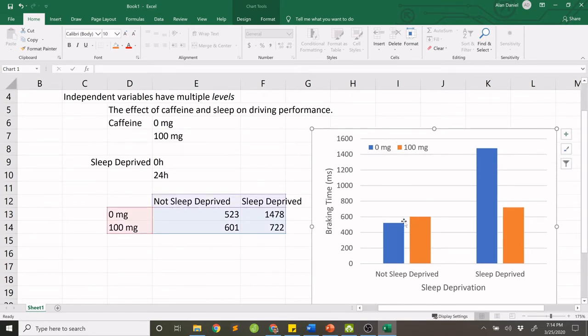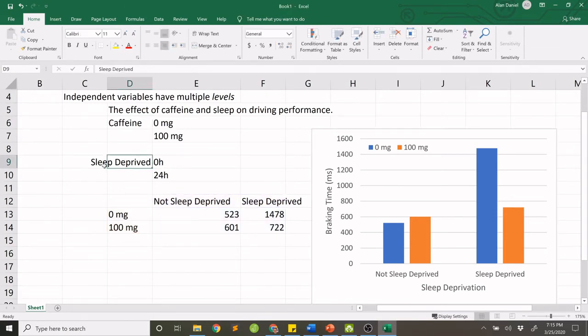If you just look at the blue bars and take an average, you'd have to think of a weighted average if the sample sizes are unequal, but if you just average them, the average would be something like right here, and then the average of the orange bars would be something like right in this area. And to me, that doesn't look like a very big difference. I don't have any error bars here, but I'm just going to say maybe that isn't significant even. If you took the average of the blue bars and the average of the orange bars and put them together, you might not see much of a difference. So we would say that there's no main effect of caffeine.